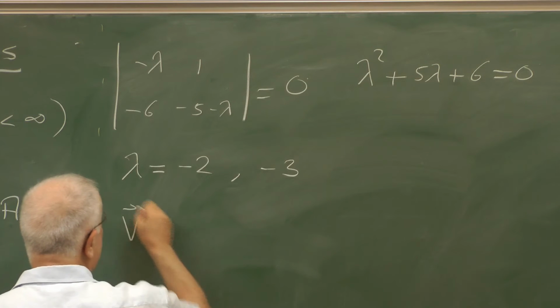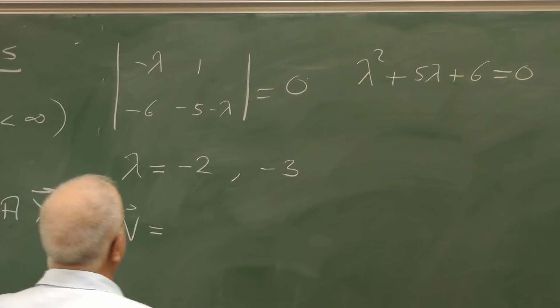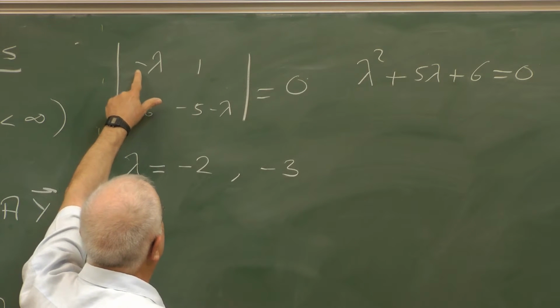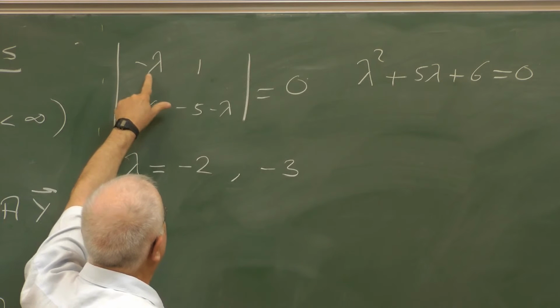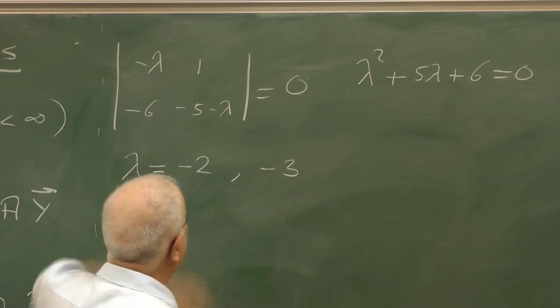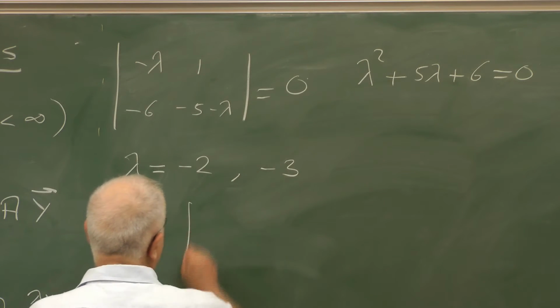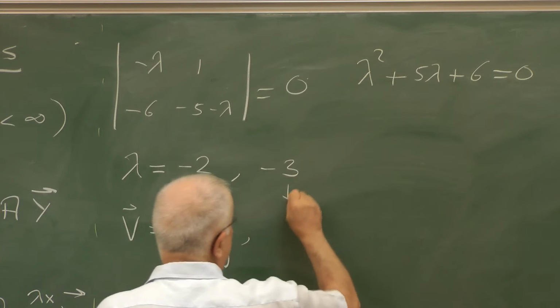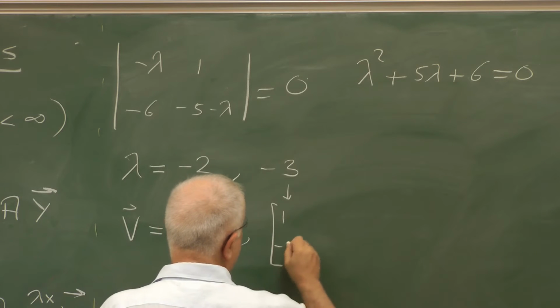And the corresponding eigenvectors, for example, subtracting minus 2 and putting minus 2 in here, plus 2, 2 and 1, to get 0, the eigenvector is 1 and minus 2. The one that corresponds to minus 3 is 1 and minus 3.